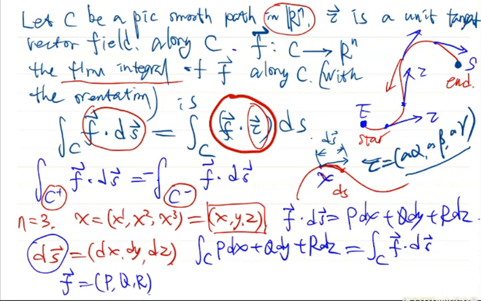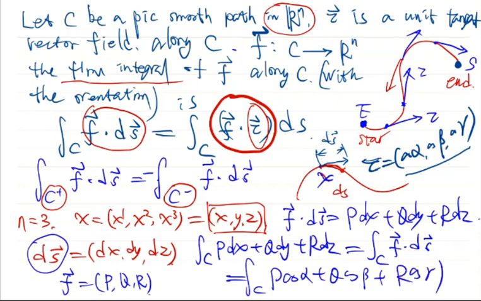Therefore, this flow integral can also be written as the integral of p cosine alpha plus q cosine beta plus r cosine gamma, which is just the inner product of f and tau, then ds. So this is the flow integral. And in applications, we sometimes encounter integrals of this form.